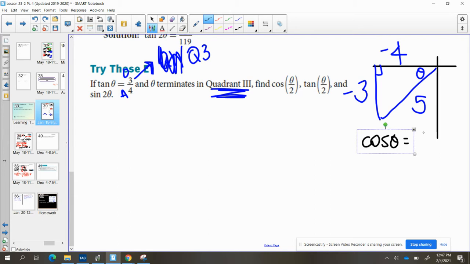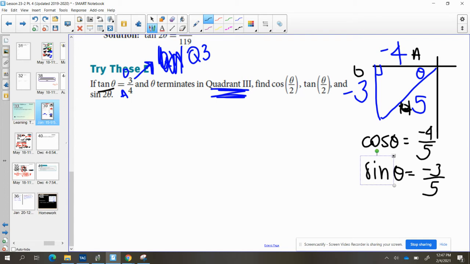Cosine is going to be adjacent over hypotenuse, and sine is opposite over hypotenuse. The nice thing is they told us the tangent already from the beginning, but I'm going to write it down so we have it handy, 3 over 4.